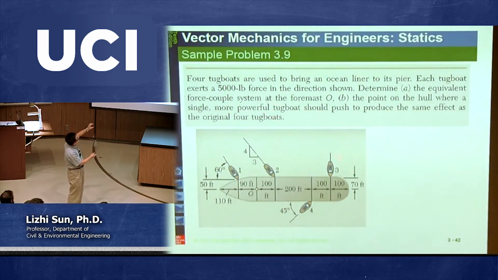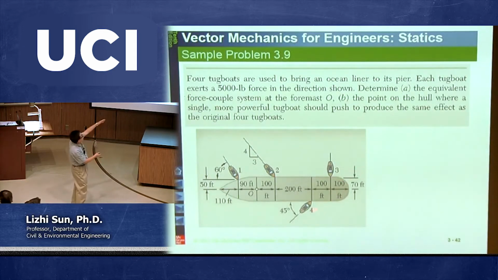But let's assume we have another small boat that is more powerful. Instead of using four small boats, can we just use one more powerful tugboat, which can produce the same effect as those original 4 tugboats?